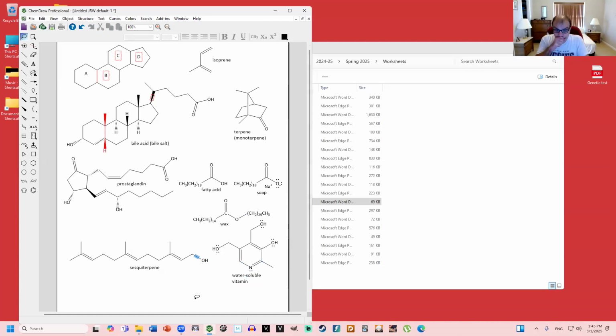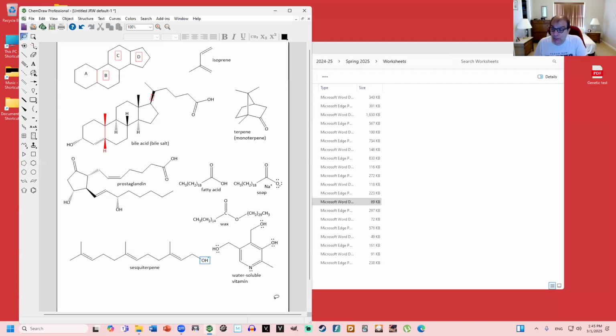A water-soluble vitamin will have a large number of polar groups compared to the amount of hydrocarbon that's in the molecule, whereas a fat-soluble vitamin would consist largely of hydrocarbon.